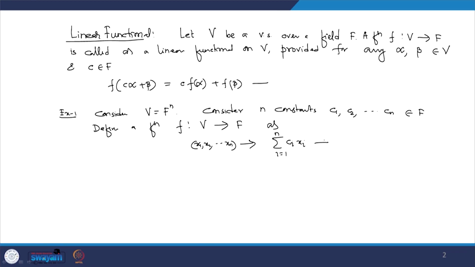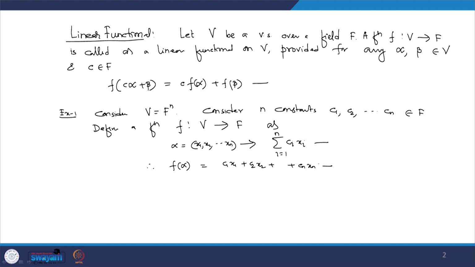So, I have defined a function from V to capital F like this. So, f of alpha equal to C1 x1 plus C2 x2 plus Cn xn.